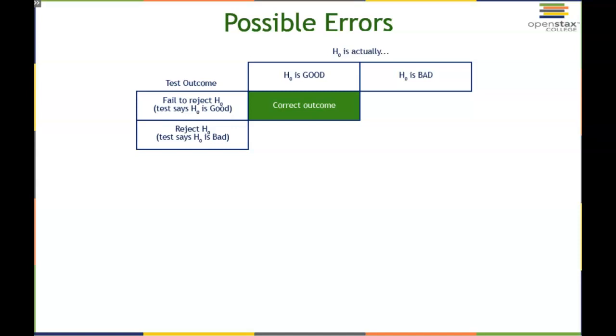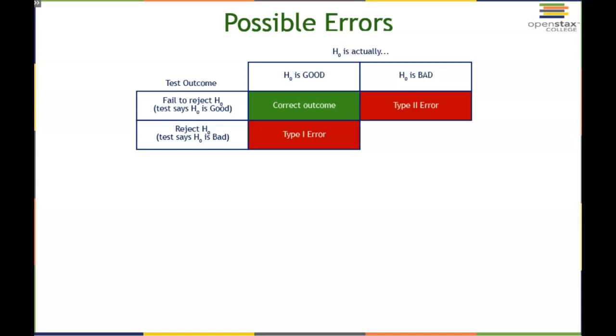Now, if H0 is good, but our test rejects H0, thinking that it's bad, that's what's called a type 1 error. H0 is really good, but our test says it's bad, and those two things don't match up, and that's a type 1 error. On the other hand, if H0 in reality is bad, we test it and we fail to reject it, in other words, H0 is good, that is a type 2 error.